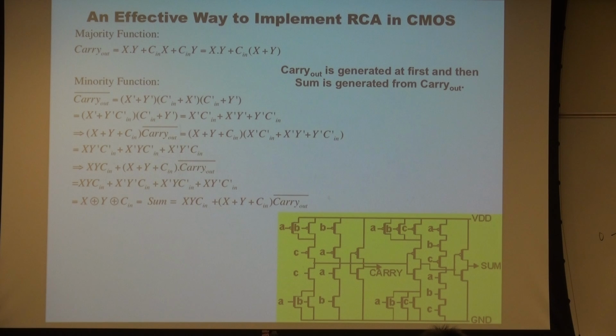One of the ways to think of it is that since carry out propagates all throughout, now this is a little bit different philosophy. Here, what we are saying is that I'm going to generate carry out first by using simple logic like this, and then I will generate the sum from the carry out.